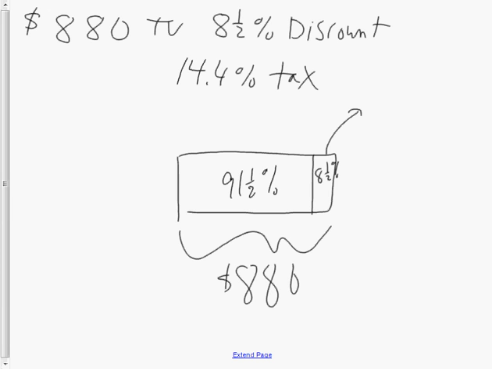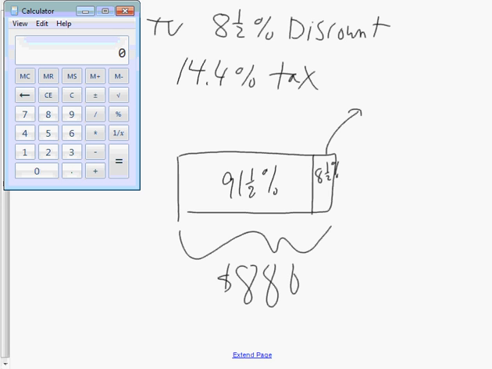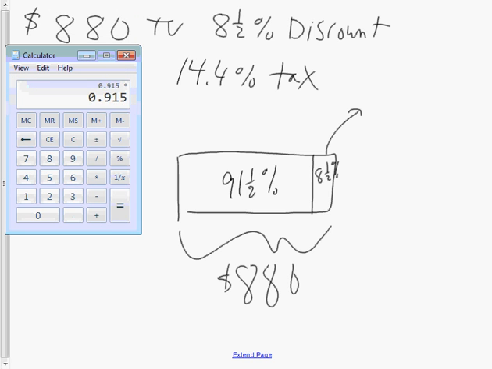So the 2 ways you can do this: 91.5% of the TV, which is $880. The sale price should be $805.20.